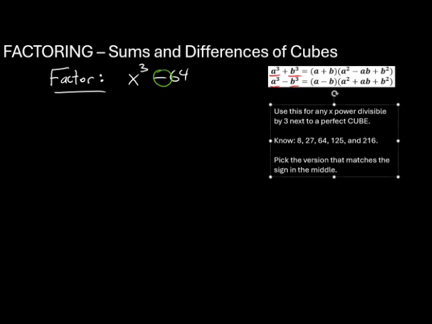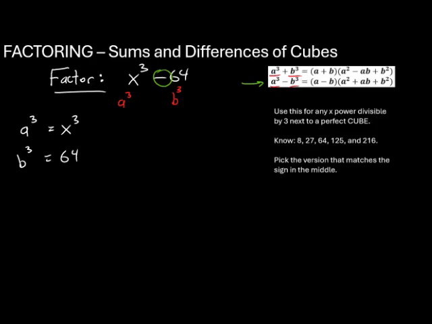For that reason, we'll be using the second form of the formula, that is a to the third minus b to the third. We will say that a cubed is the first term and b cubed is the other term. So we'll say a cubed is equal to x to the third, and then b cubed is equal to 64.